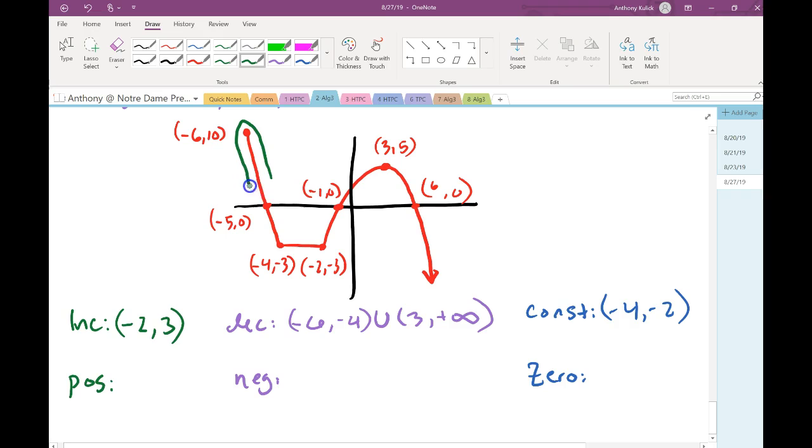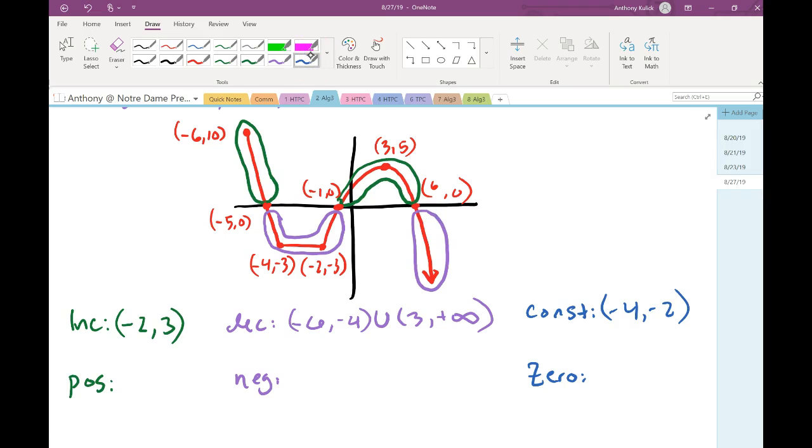So there's this one on the far right, and this one kind of in the middle. How many negative sections do we see? 2. I have this part here, and then the far right end of the graph here. And then how many zeros do we see? 3. One here, one here, and one here. Everybody okay with that?